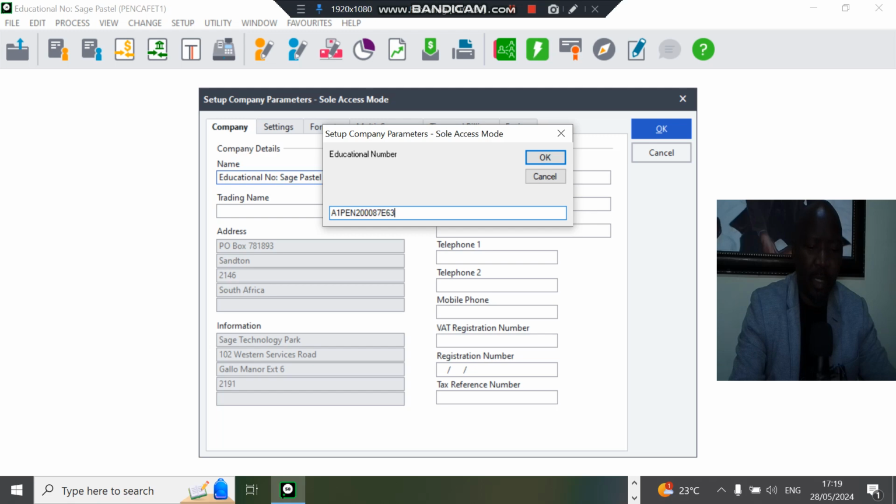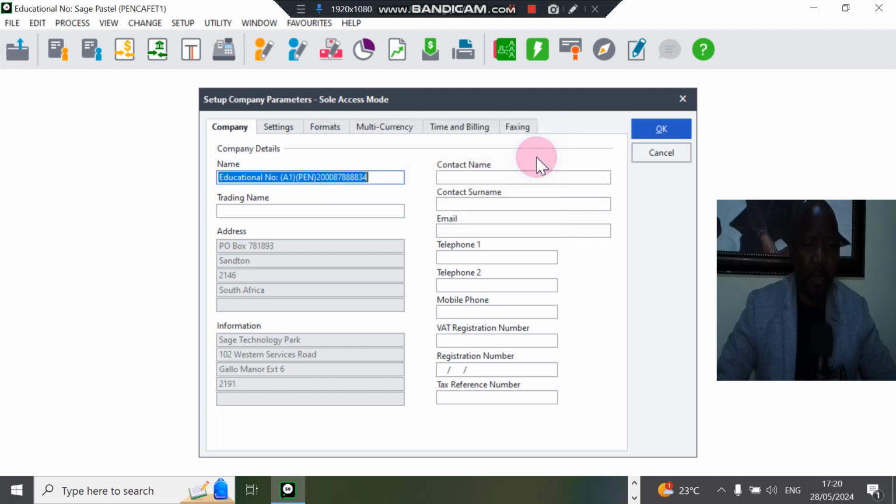I'm just going to use a random number there for your examination number. And then you may use brackets to ensure that your descriptions are not mixed up. You can use brackets like me. So it's A1, PEN, and then your examination number.